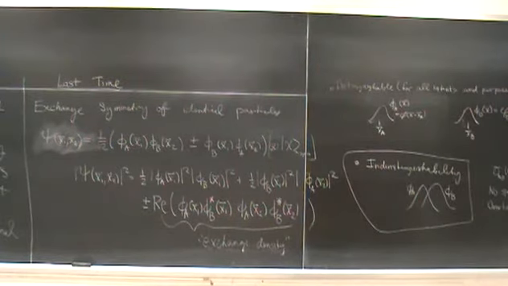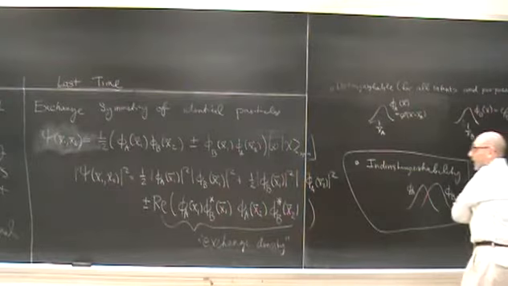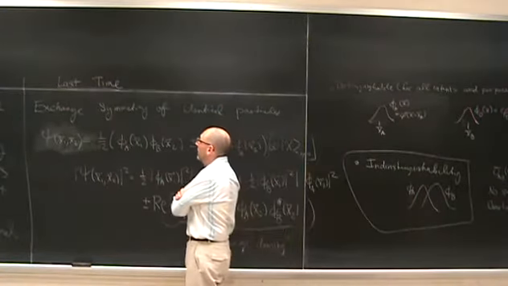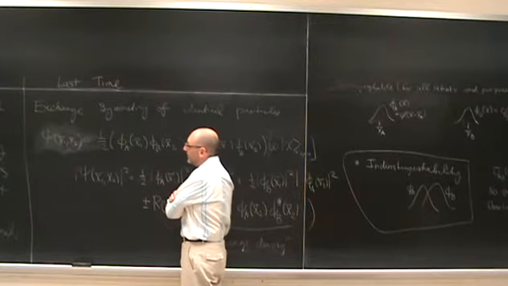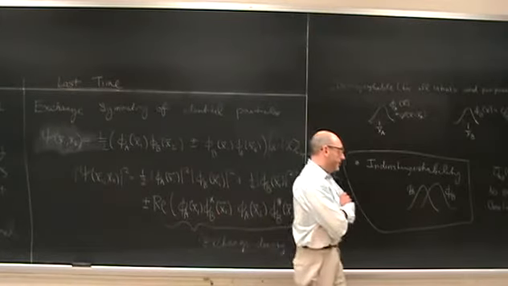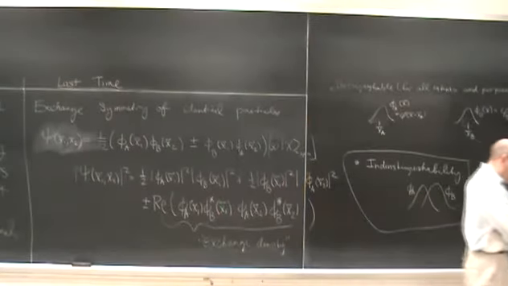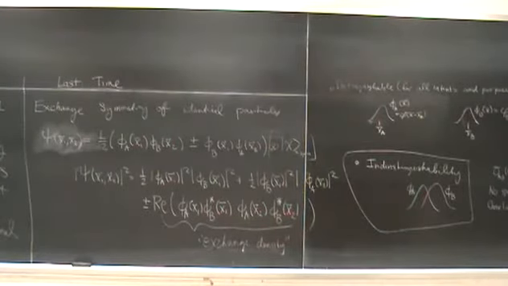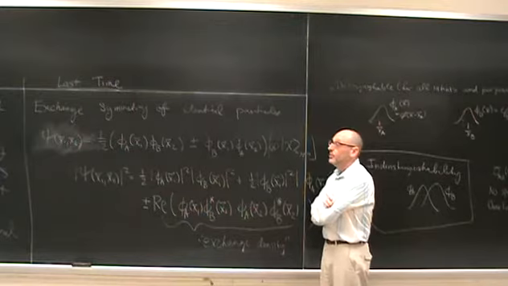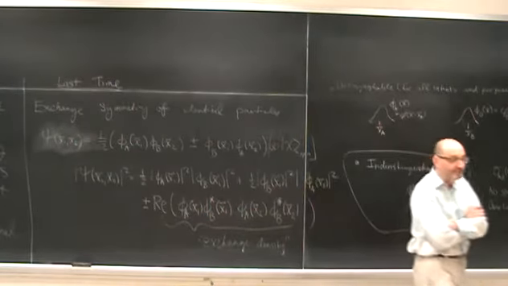For example, if I have two identical particles and a state that I've written down here, which involves two possible orbitals that the particles can be in, phi A and phi B, of course I don't know which is particle 1 and which is particle 2.